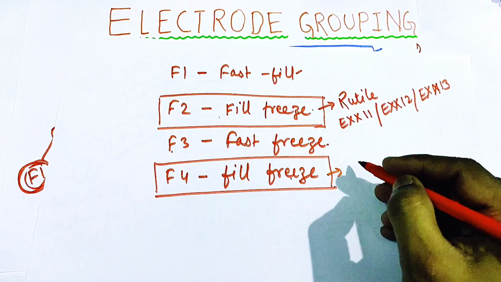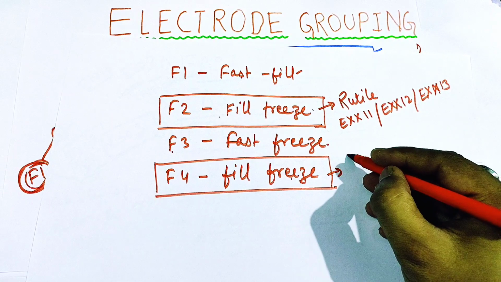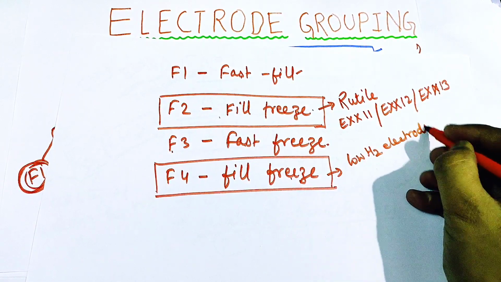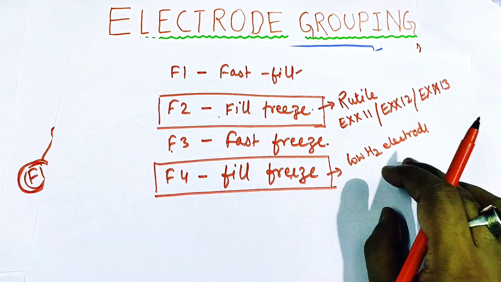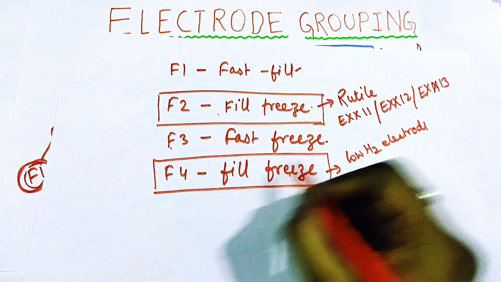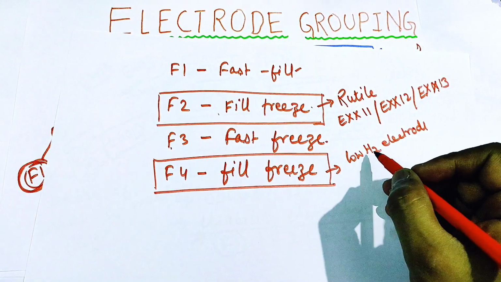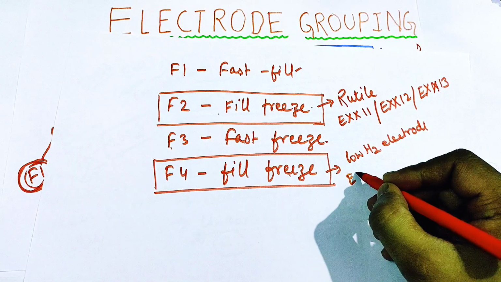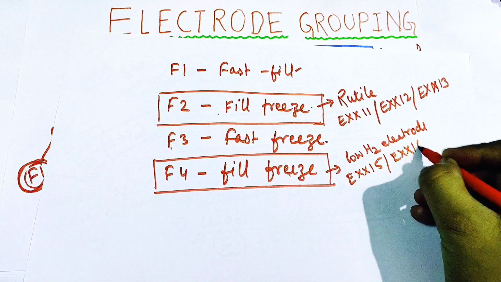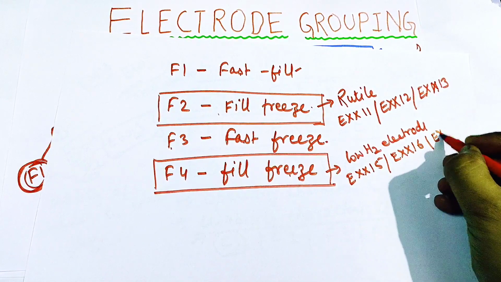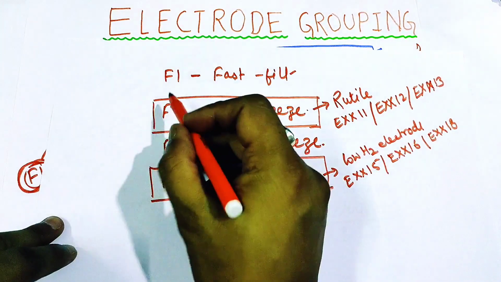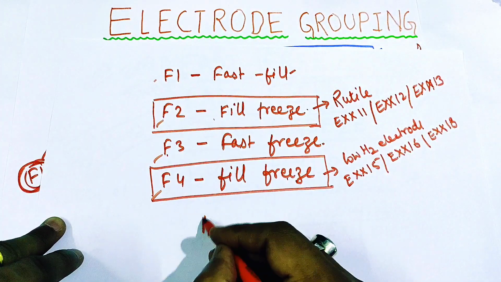And in F4 comes the low hydrogen electrode. Now earlier also I had told you that low hydrogen electrode is a combination of fill freeze and fast freeze. So mostly low hydrogen electrodes come in F4, especially electrodes with designation EXX15, EXX16 and EXX18. So these are fill freeze electrodes.